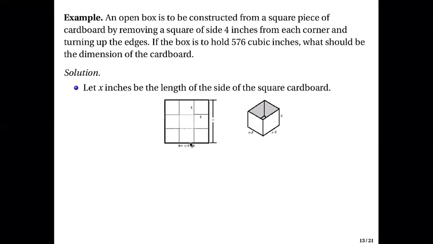This guy here will be x minus 4 minus 4. And therefore, you have x minus 8. So this here is x minus 8. This here is also x minus 8. But those are the sides of the base. So you have x minus 8 here and x minus 8 here. Okay?